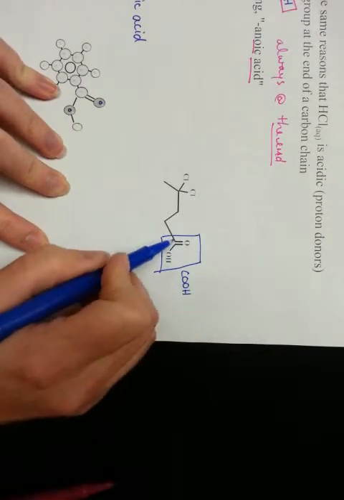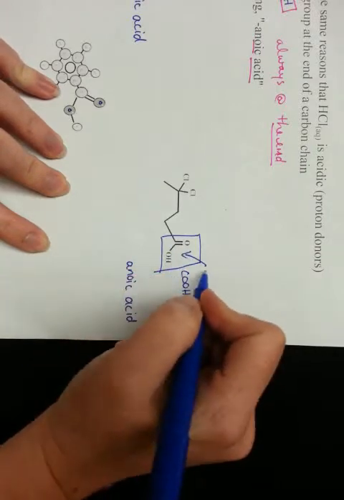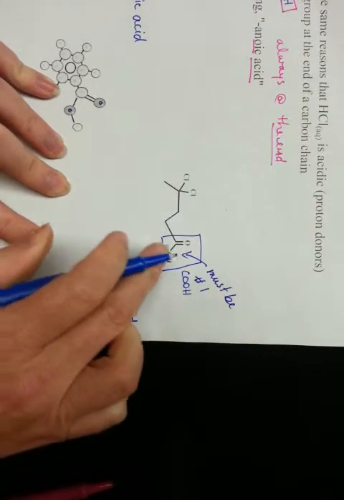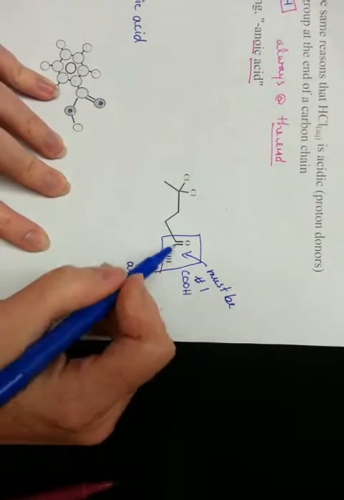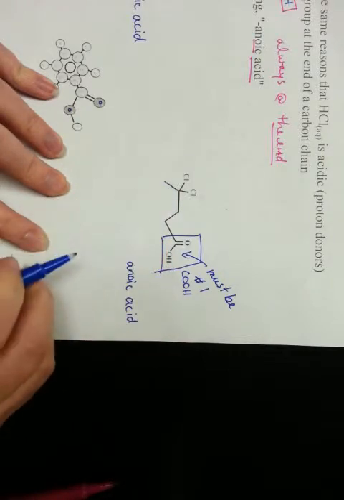Again, count the number, starting with the interesting group as the lowest number, must be number 1. I'm going to count away to get the longest continuous chain. 1, 2, 3, 4, 5.